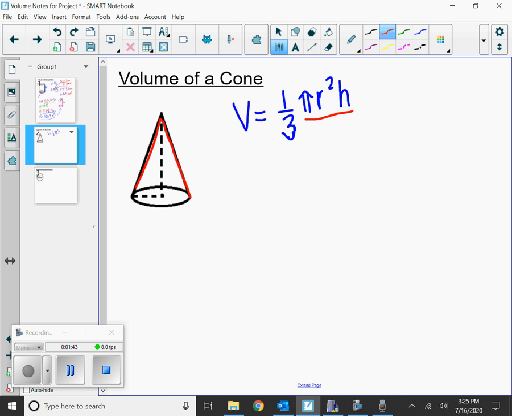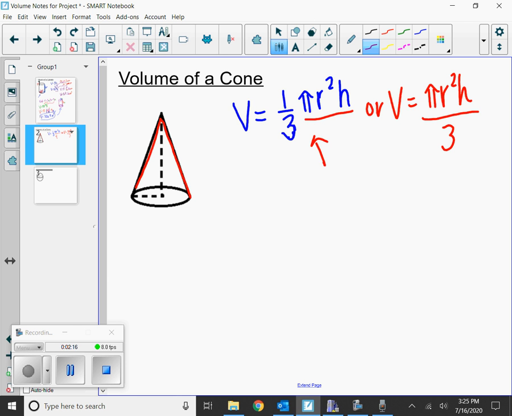We can also write our formula as V equals pi r squared times the height, like our volume of the cylinder, and then divide the entire thing by 3. Same exact thing, just written two different ways. I prefer to use the first method so that I can plug it in the calculator all at the same time. That is up to you, but that's what I'm going to use in this tutorial.